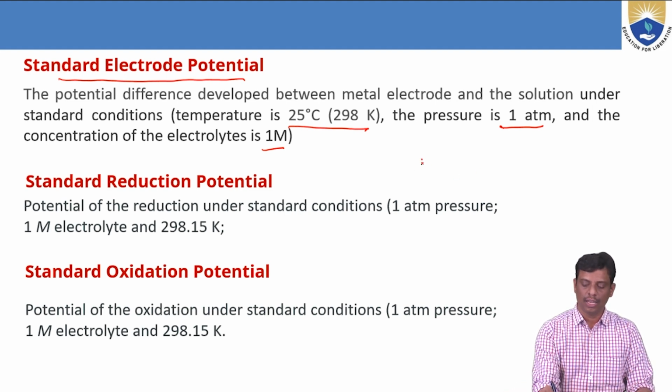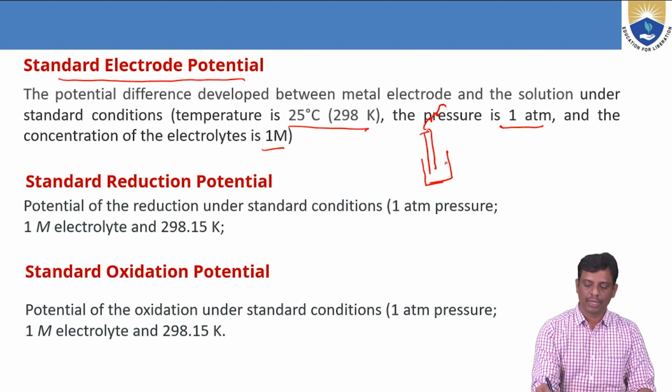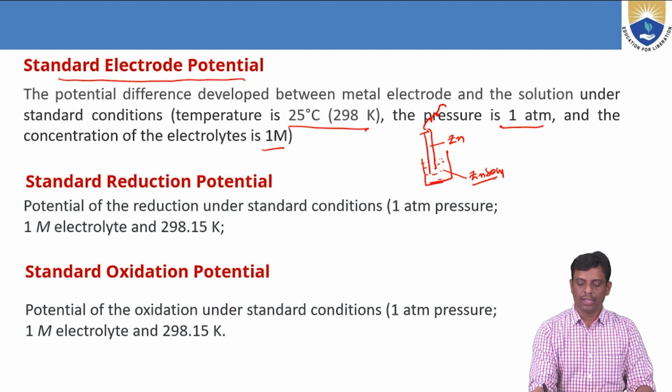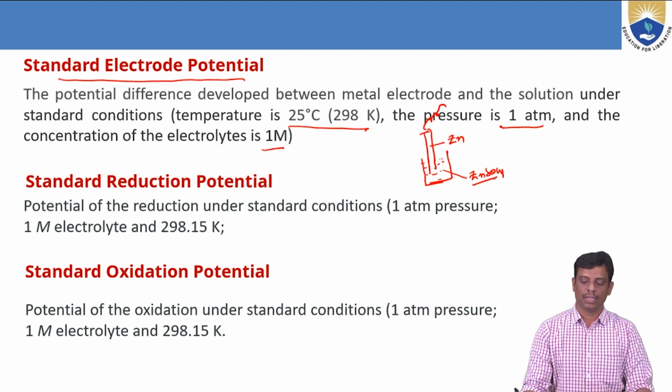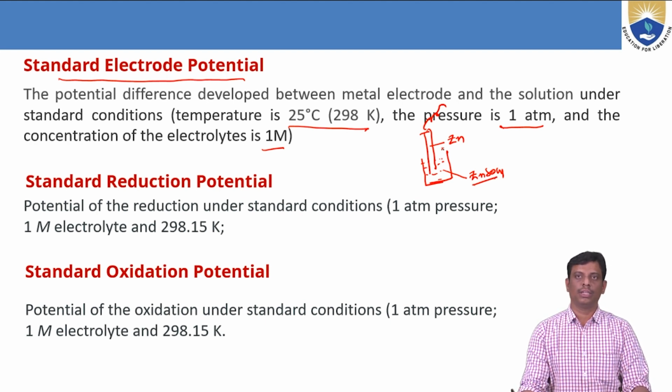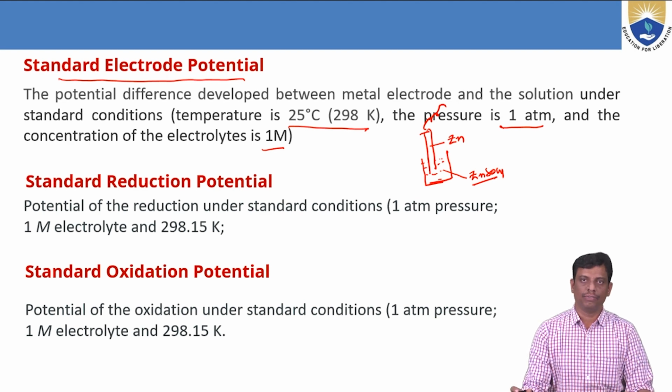In a cell, one electrode is present, and we immerse it in its own electrolyte solution. For example, this is zinc and this is zinc sulfate electrolyte solution. Between the electrolyte solution and the zinc electrode, a potential difference is generated.